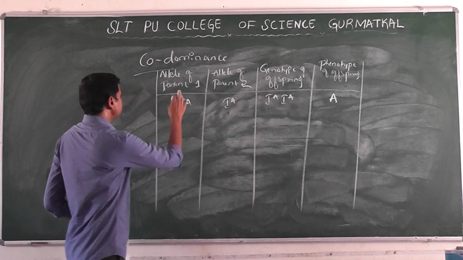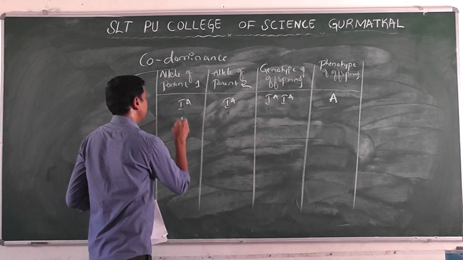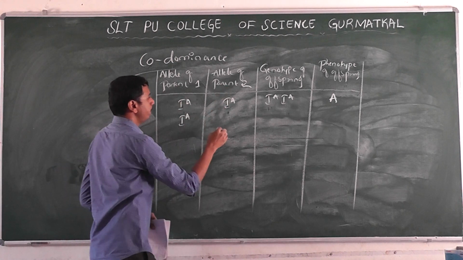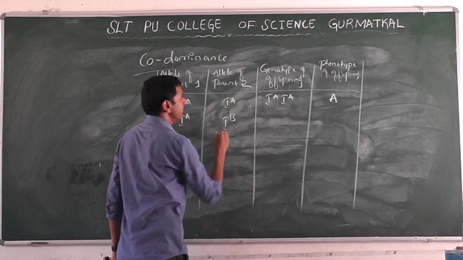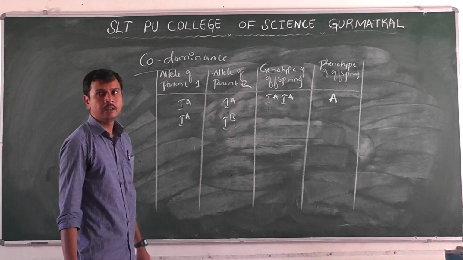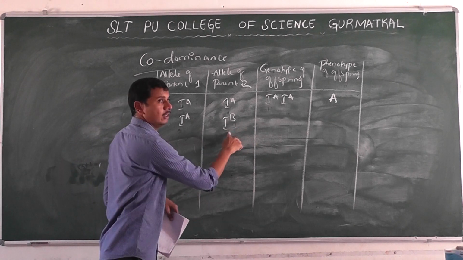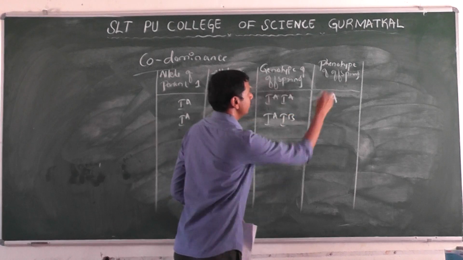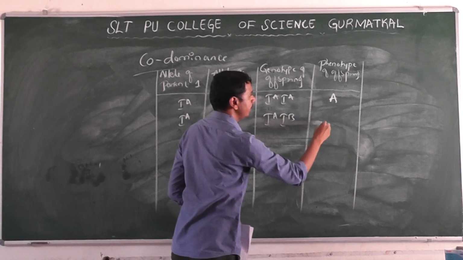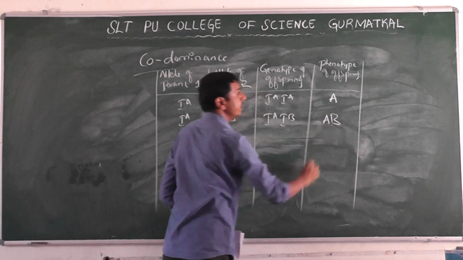Same way, if parent 1 has IA and parent 2 has IB, the genotype will be IA IB. So here the blood group or the phenotype will be AB.